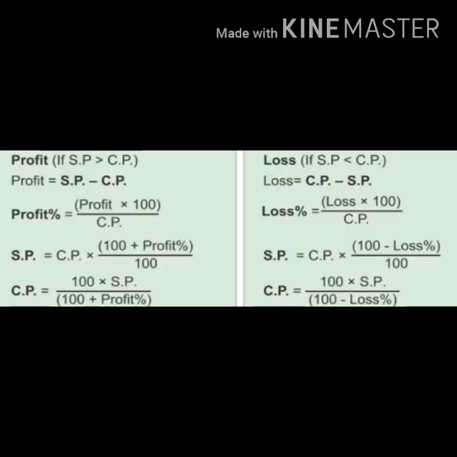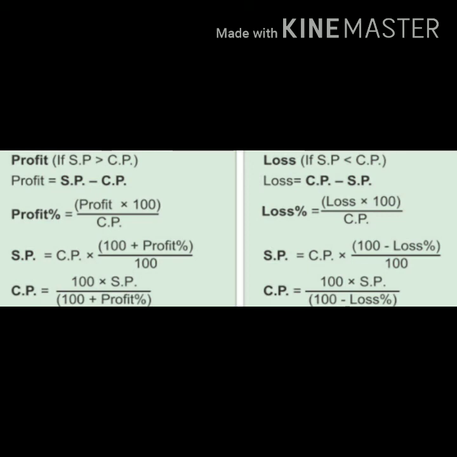Now let's quickly revise the formulas which are going to be useful in exercise 8.3. We have already done profit is equal to selling price minus cost price, and profit percentage is equal to profit upon cost price multiplied by 100, and selling price is equal to cost price multiplied by (100 plus profit percentage) upon 100.